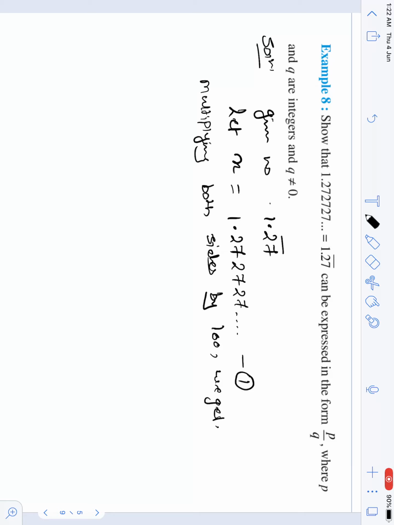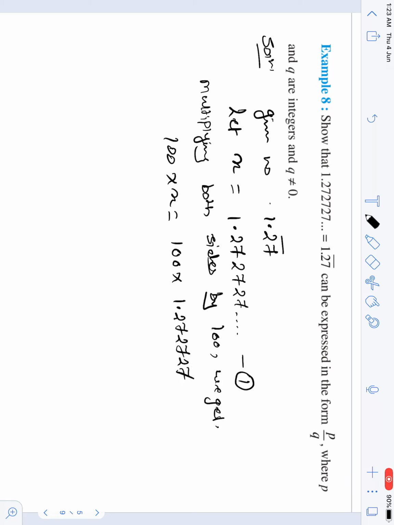Now let us see what we get. When we multiply x by 100, we get 100x equals to. Now remember, when we are multiplying this number by 100, this decimal will move 2 digits to the right. Let me write an extra step so that it will be easy for you to understand. You will get 100 into x equals 100 into 1.272727.